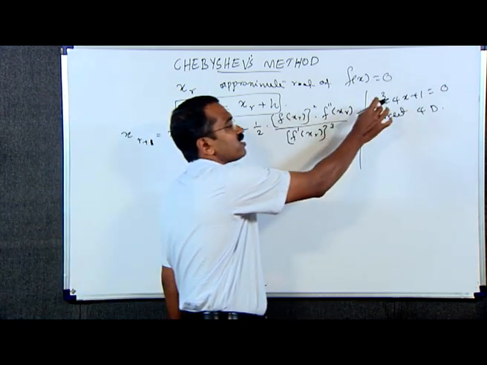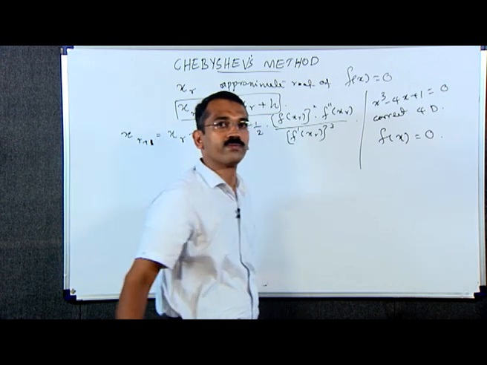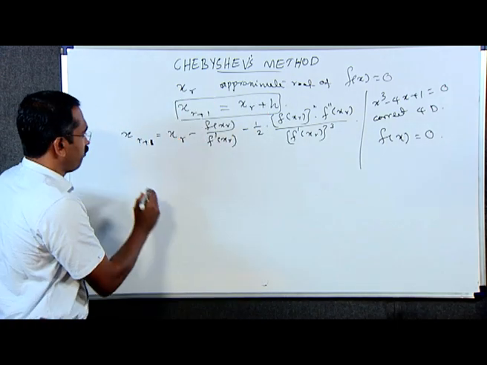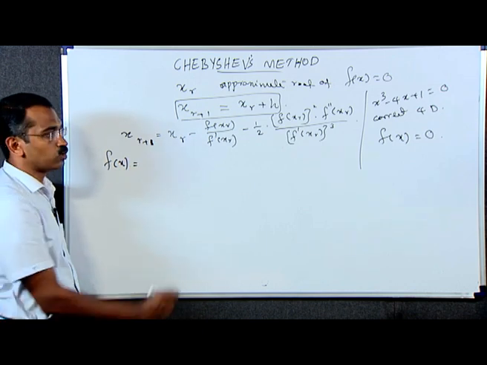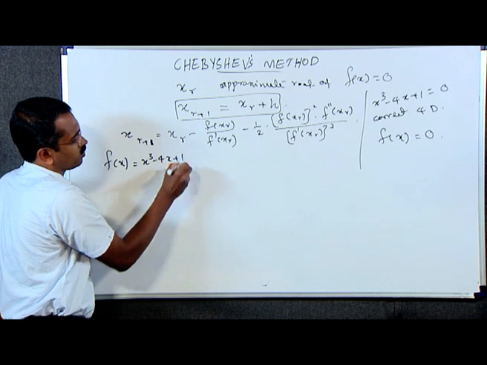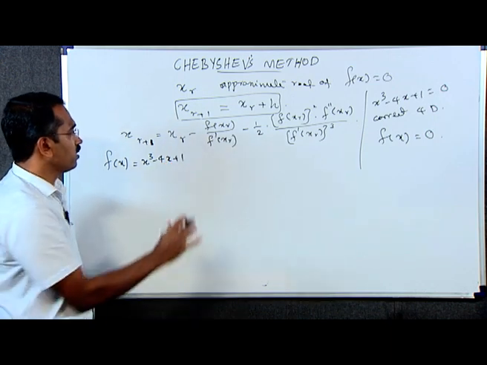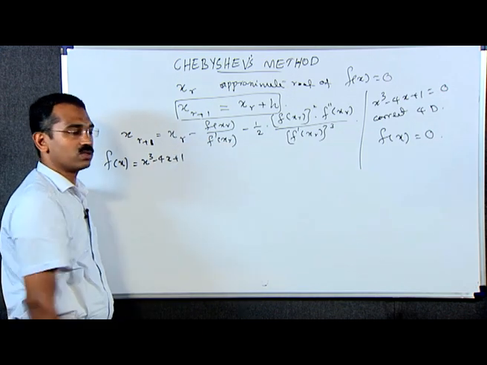This equation is of the form f(x) is equal to 0, where f(x) is equal to x cube minus 4x plus 1, and this is our iterative formula used in Chebyshev's method.